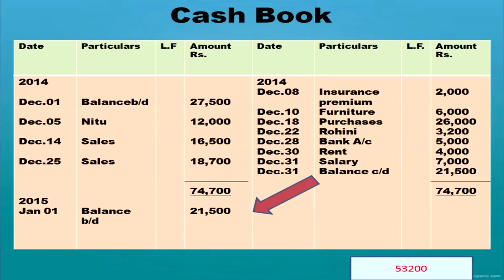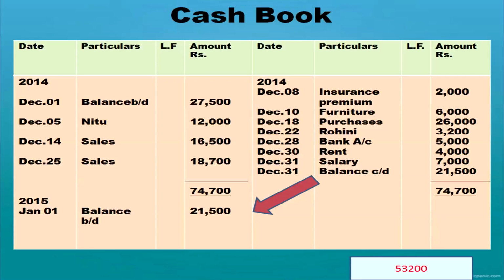In the particulars column, what will you write? You have to write balance carried down. And the date will be the last day of that particular month, December 31st. There, December 31st, balance carried down 21,500. This amount will be brought down at the beginning of the next month or next year.